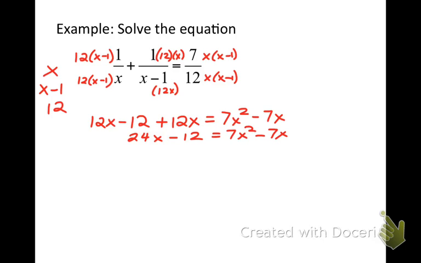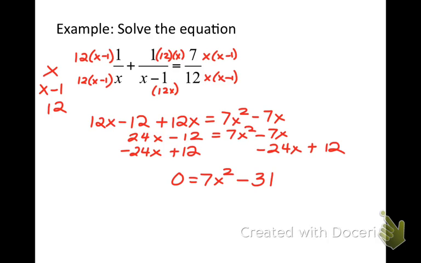All right, so I'm going to subtract the 24x over to that 7x on the other side. I'm going to add a 12 over. Do I have any constant terms over on the right side to add the 12 to? No, technically 0. So now I get 0 equals 7x squared minus 31x plus 12.